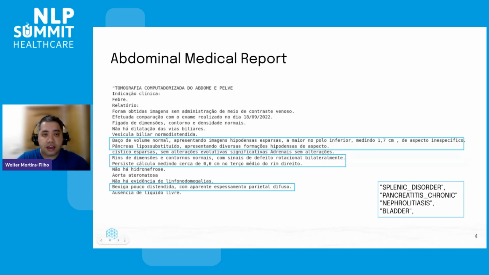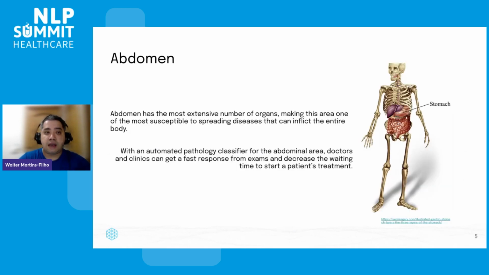So the main idea is to make a classifier for the abdomen region. Why? Because the abdomen is the region of the body with the most extensive number of organs. Everything that happens in that region is associated with some disease that can spread to other parts of the body.